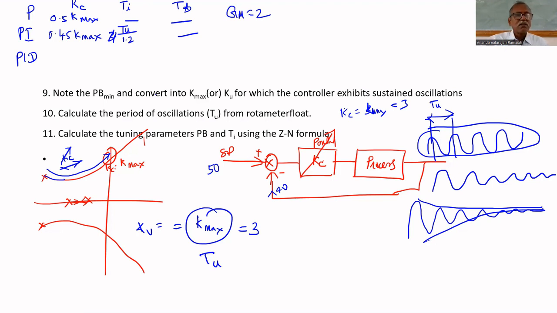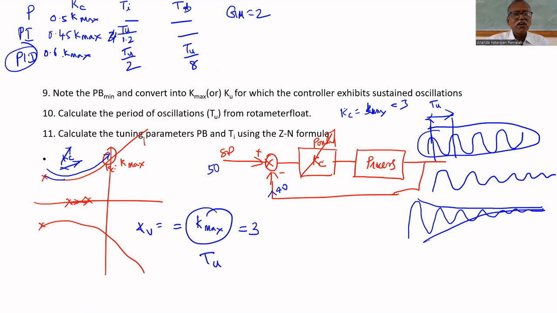For a PID controller, which we are not going to use anyhow, the formula is 0.6 times K max, because our derivative mode we slightly increased. That and all we will see later. TI is TU by 2, TD is TU by 8.